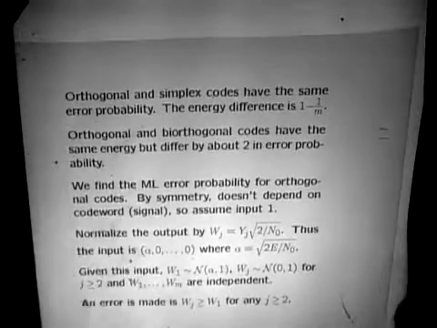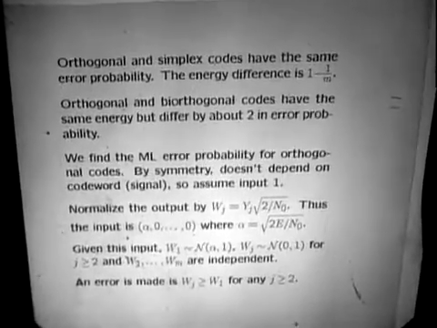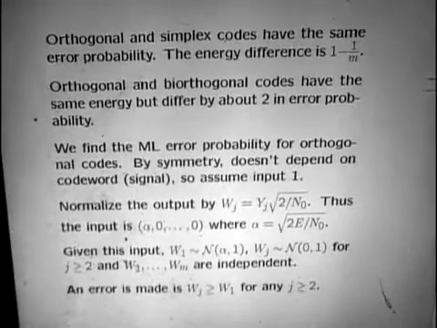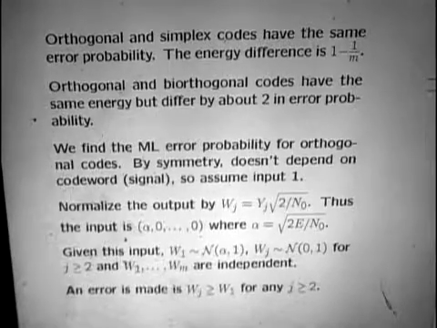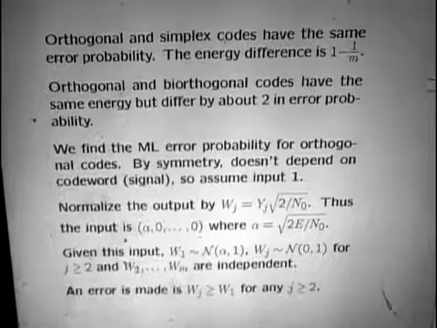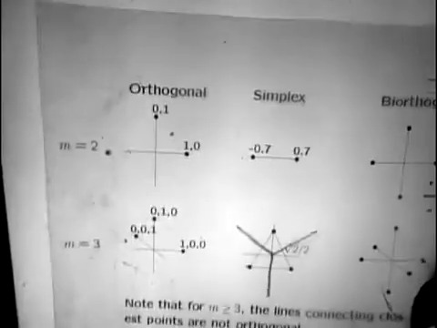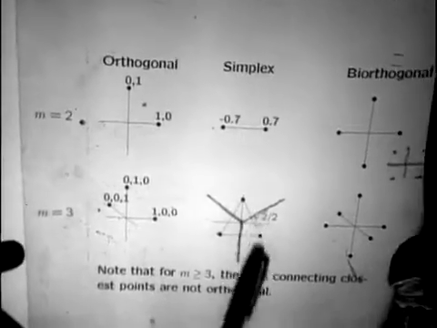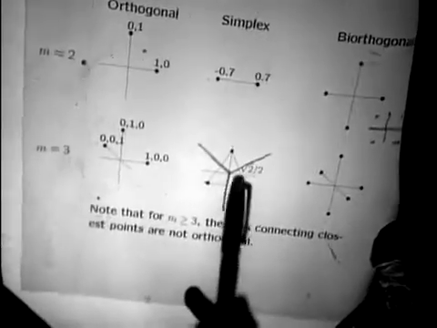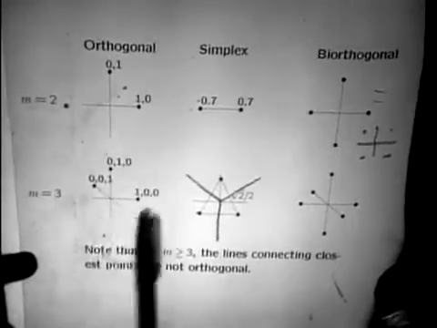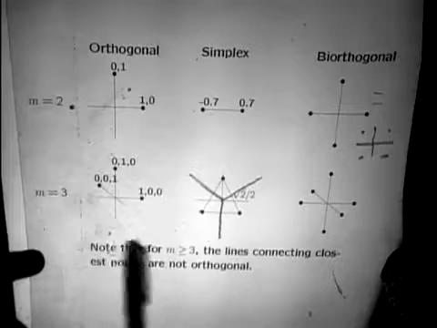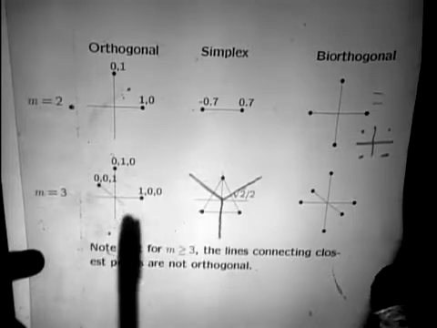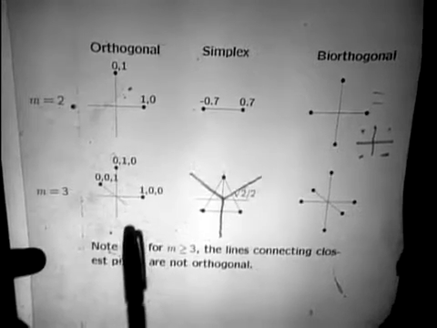As we said, orthogonal codes and simplex codes, if you scale the simplex code from the orthogonal code, have exactly the same error probability. Okay, in other words, this code here, where I've made the distances between the points square root of 2 over 2, which corresponds to the distance between the points here, this and this have exactly the same error probability.